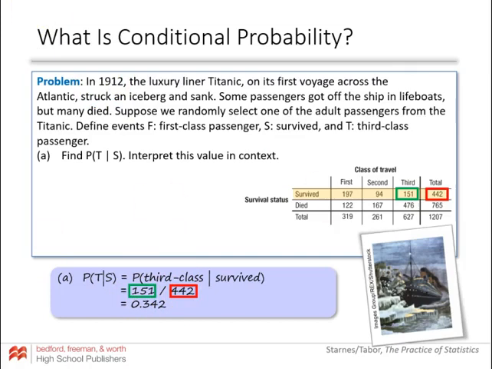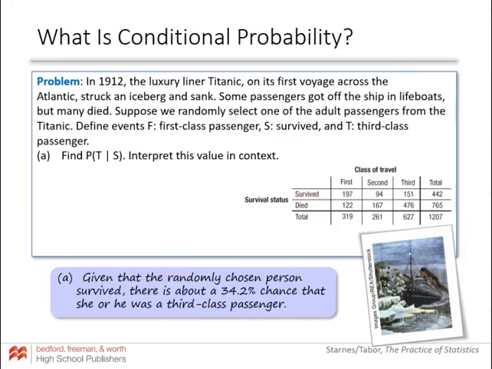When we interpret that, remember we're only looking at this data. So we would say, given that the randomly chosen person survived, so we're always going to start with the given part, there's about a 34.2% chance that they were a third class passenger.